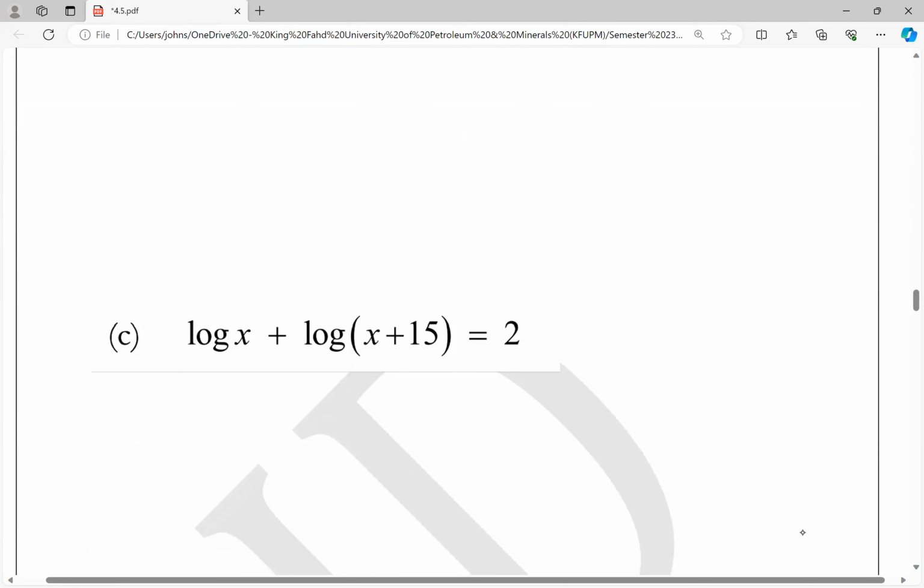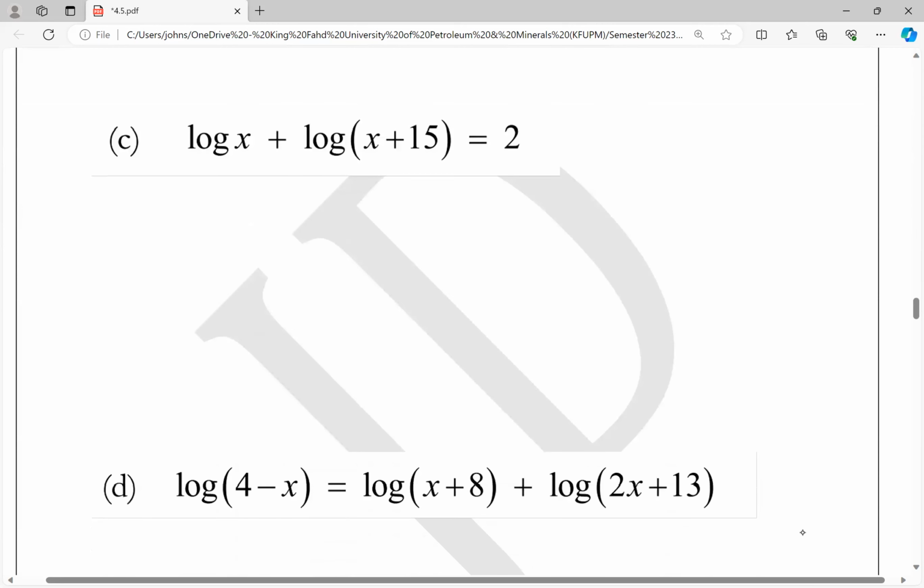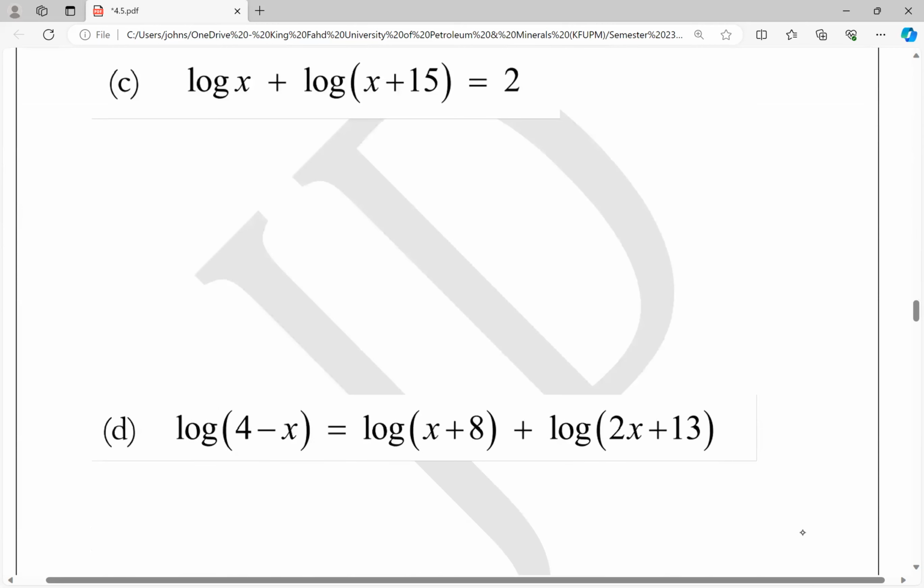All right. So for this one, c is also similar. You just combine this, just change this to multiplication. You have x bracket x plus 15. And this equals 2, right? And what can we do here?